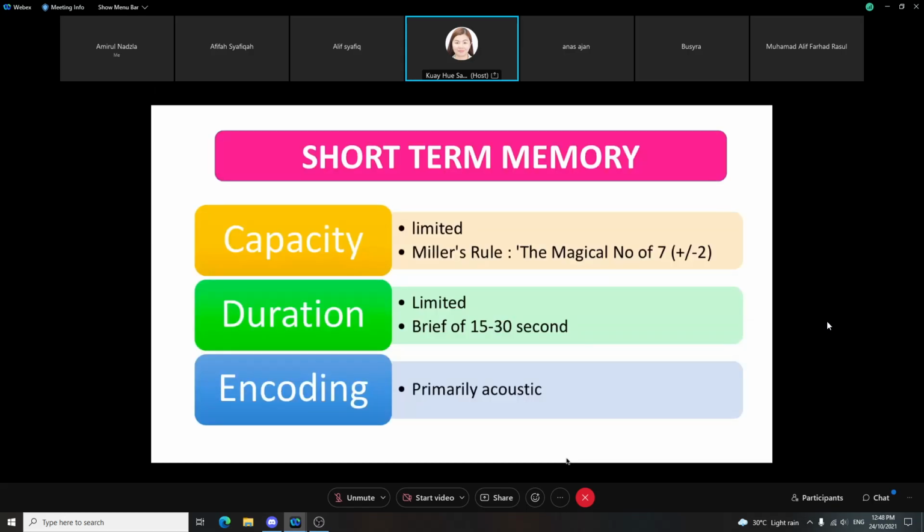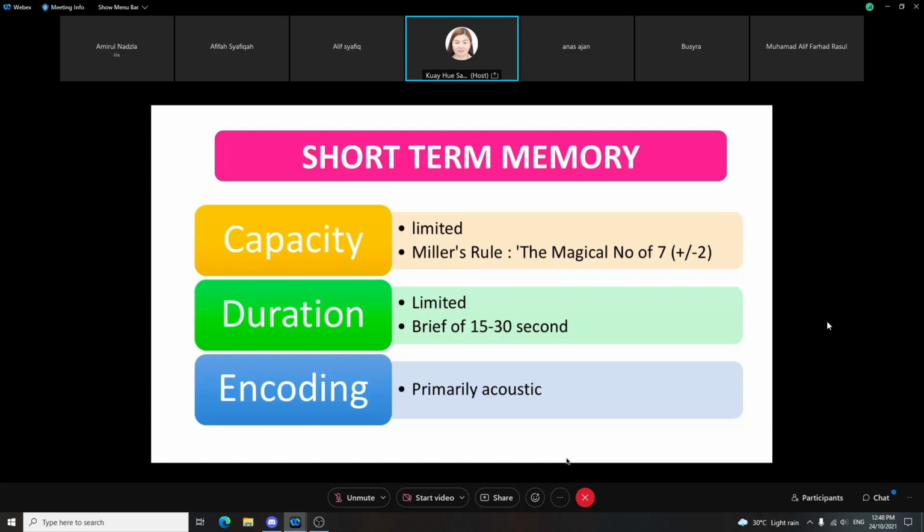Okay. So short-term memory, the capacity is limited. It follows Miller's rule, the magical number of 7 plus or minus 2. So seven pieces of information, or it could be 5 or 9. It can be anything. You can remember 7 chunks of information at the same time, and the chunk differs between people.